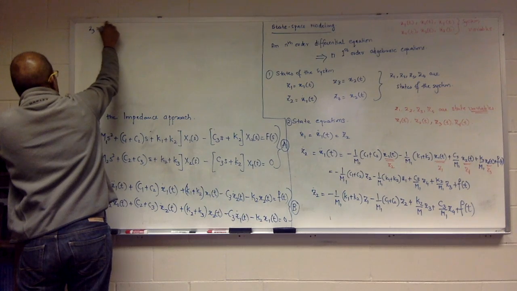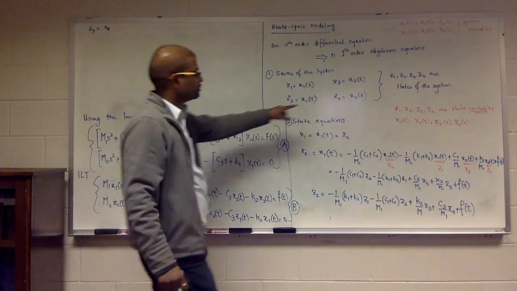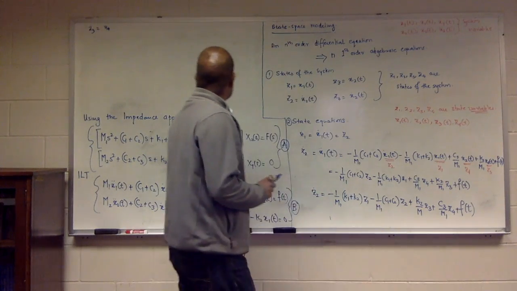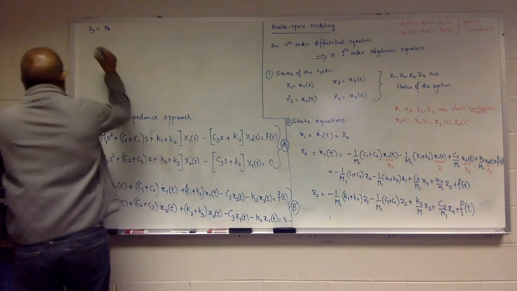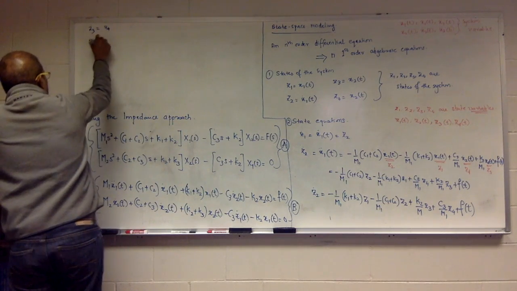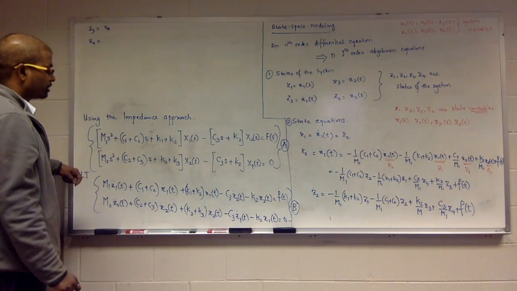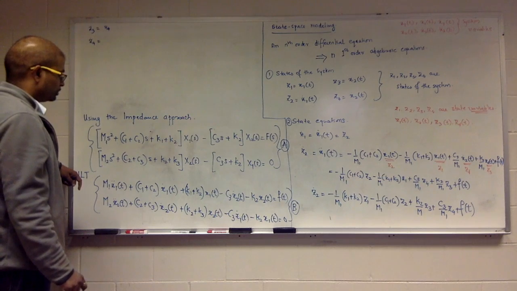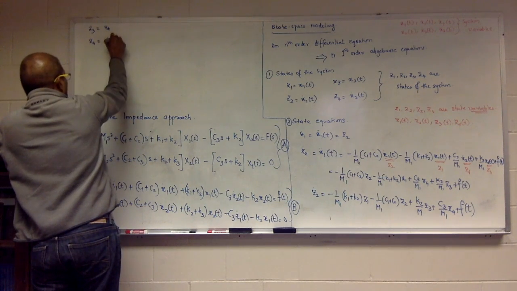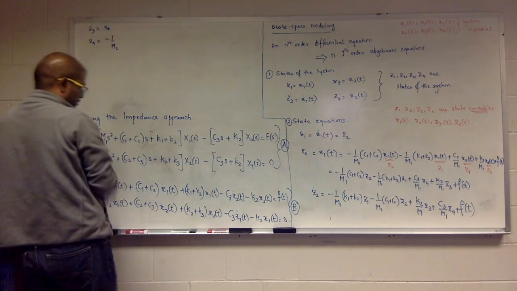Right, because Z3 dot would be X2 dot, and X2 dot is Z4. So similarly, now Z4 dot is equal to... and I'll let you solve this yourself. It is not 0. It is minus 1 over M2.